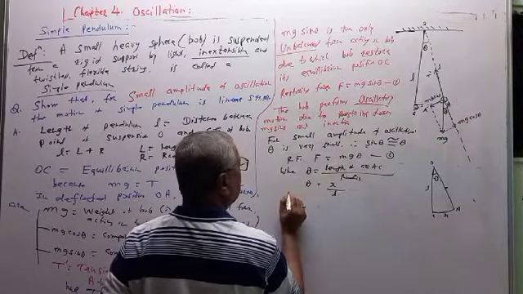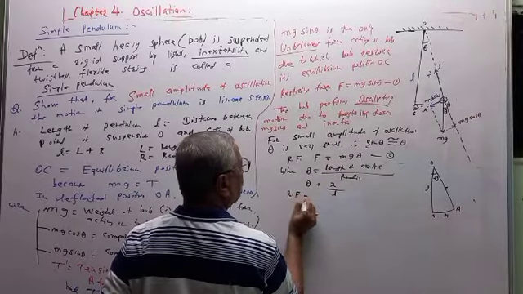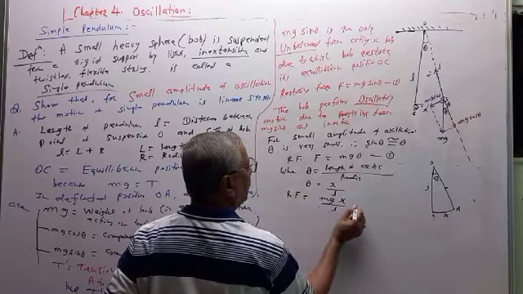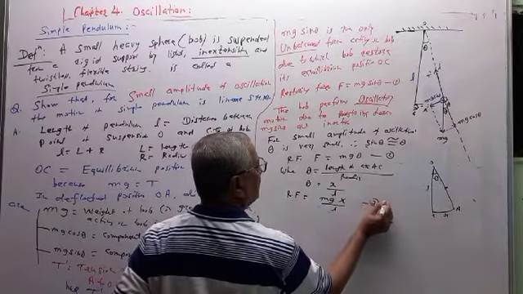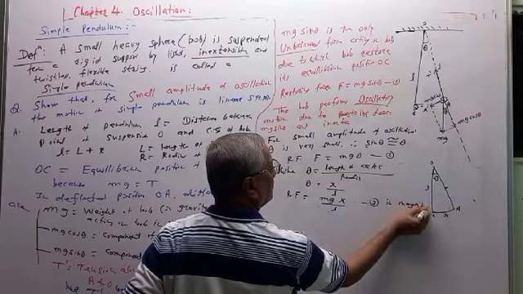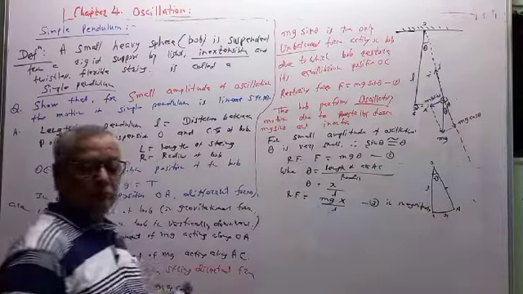So if you substitute, then the restoring force becomes F is equal to m into g into x by L. This is equation 3, but this equation is in magnitude only.